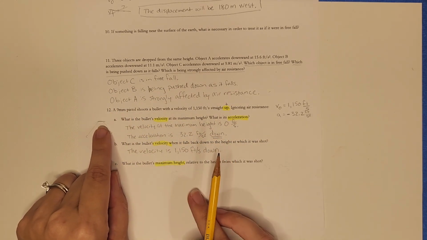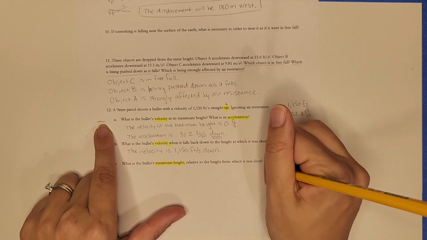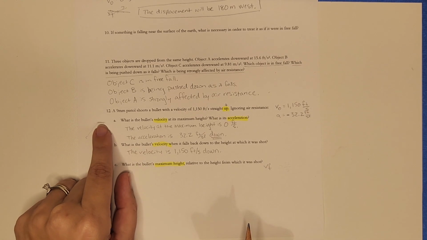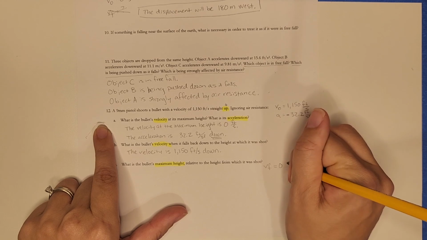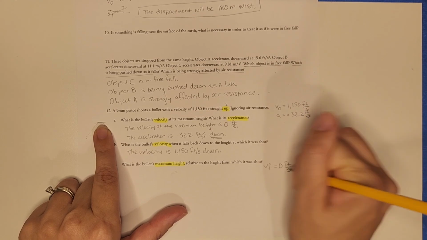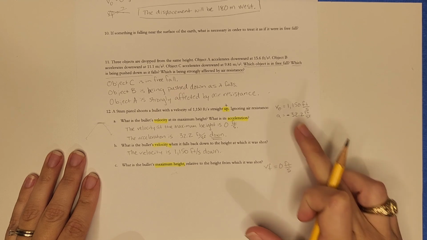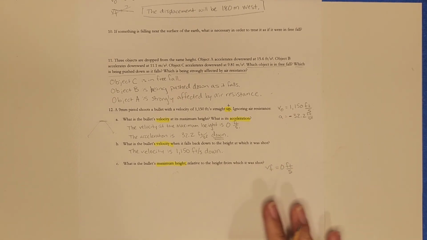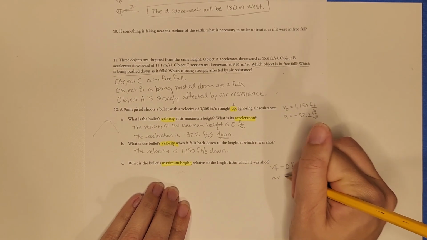So there is actually a piece of information that we already determined here that might be able to help us, and that is that final velocity, because we know that at this maximum height, that velocity is going to be 0. Okay, and so we have acceleration, we have the initial velocity, and we have the final velocity, and we need to determine what the displacement is going to be.